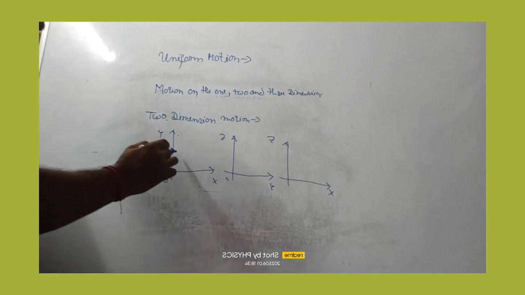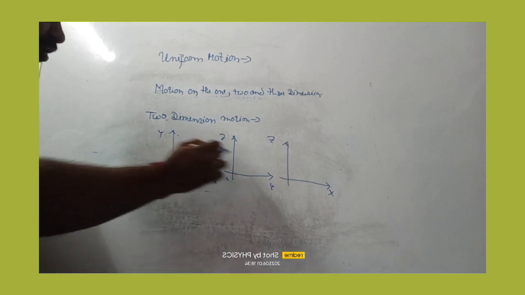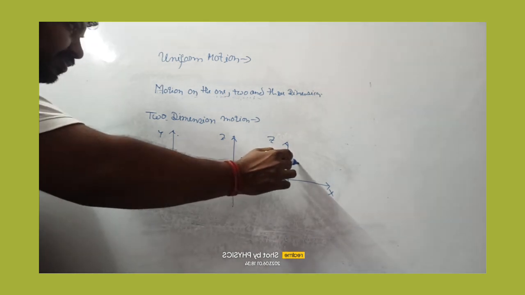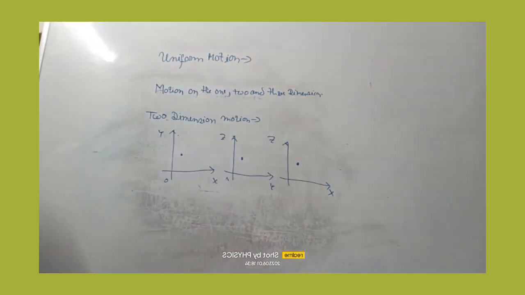If an object moves on that plane, it is called two-dimensional motion. The object moves on the plane created by the x-axis and y-axis, or in the next case the y-axis and z-axis, or the x-axis and z-axis. That kind of motion is called two-dimensional motion.